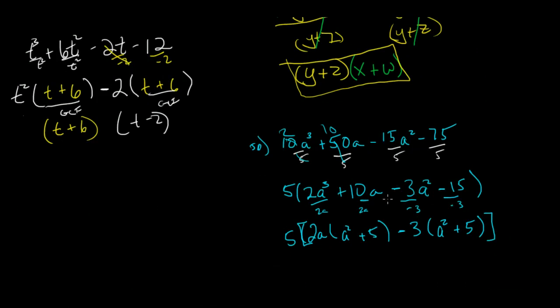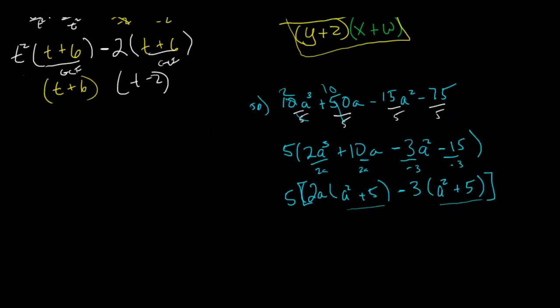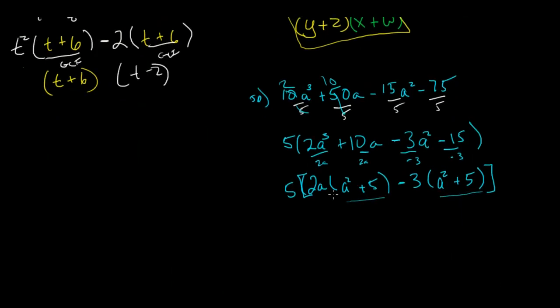That was pretty strategic of us to notice that we have these greatest common factors, because it will hopefully have these common factors once we do our division. So in dividing out the greatest common factors, we decide that these two terms, oh look at that, they have an a squared plus 5 in common, and here's our 5 on the outside, don't forget that, that has to keep coming down.